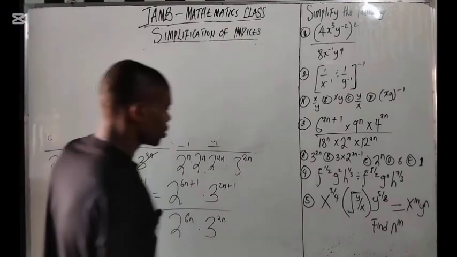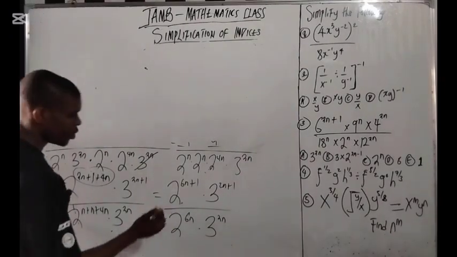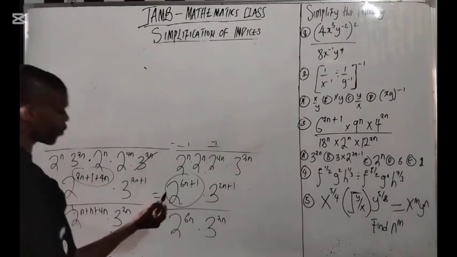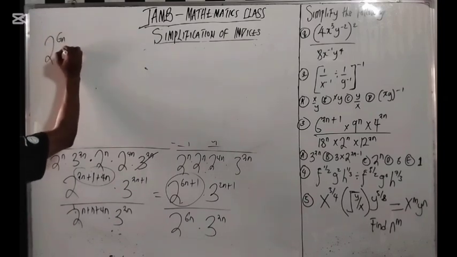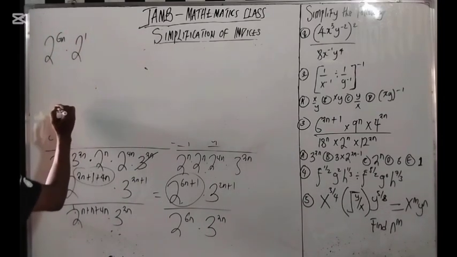So, now remember, you can split this guy too, right? When you split this, what do you have? You have 2^(6n) dot 2^1.